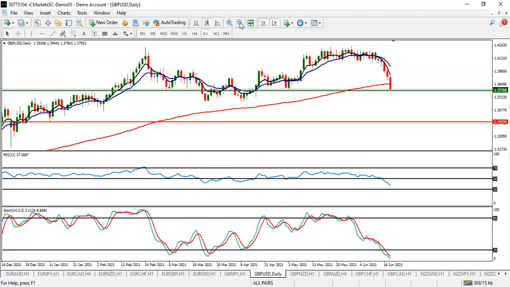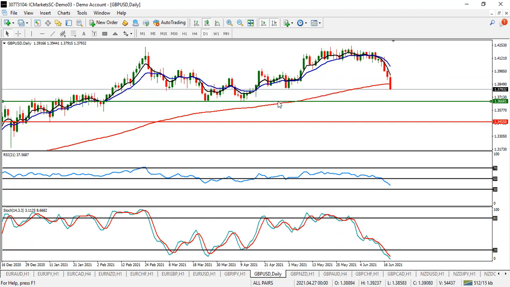Okay, so coming to the daily candle, this is currently sitting at a support right now, but the daily candle closed with a strong bearish candle also. So with this in mind, we expect this pair to push down a little bit more to the green support at 1.3672, as this is the daily support area.